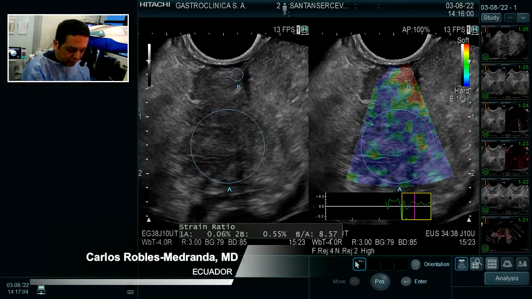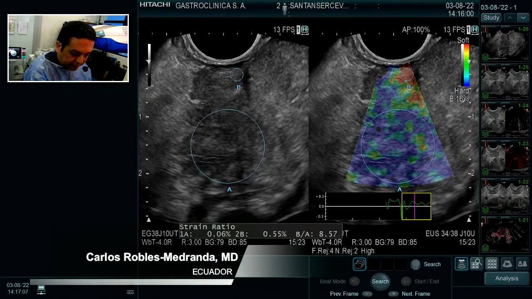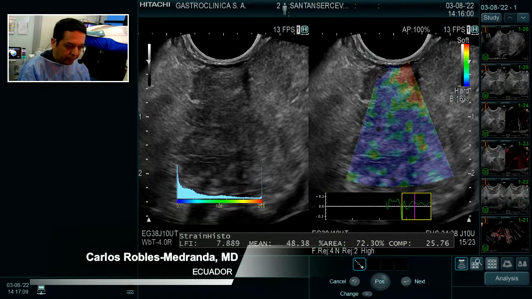But we also have strain histogram, and in the strain histogram we have a mean of 48. It means it's a hard tissue. Normally the mean strain histogram is over 100, but the mean here is 48, so less than 50 is also suspected for malignancy.